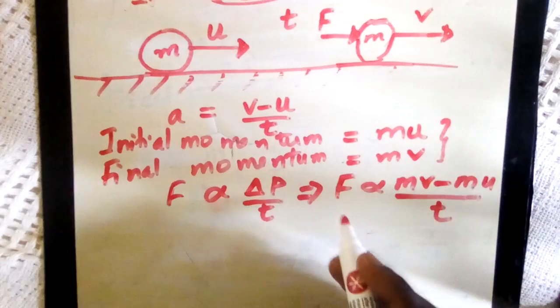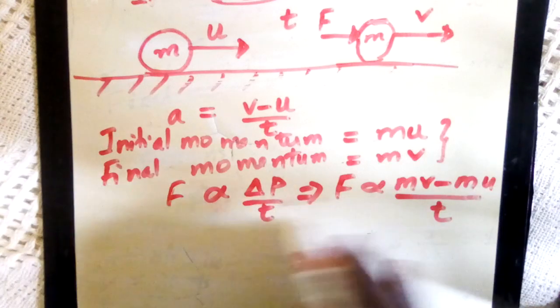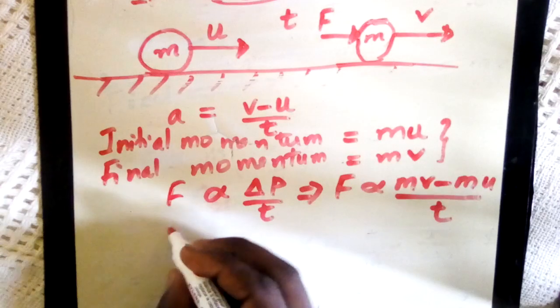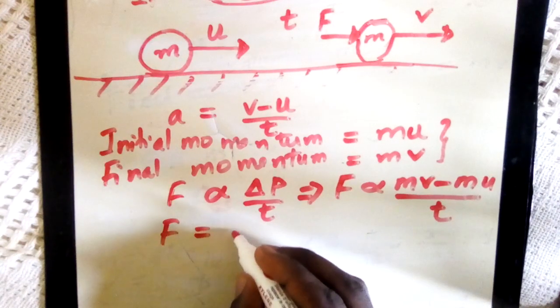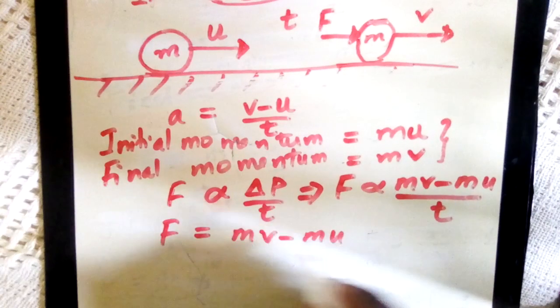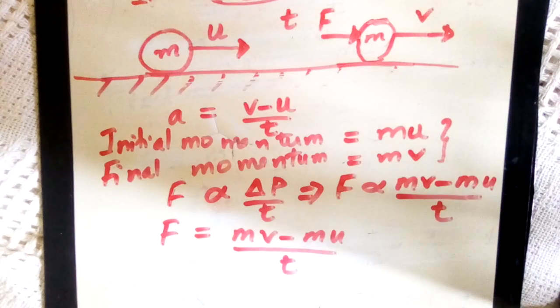In this case, let's set aside the concept of proportionality, though I'm going to show you how it is removed. I'm going to assume that the force is basically the final momentum minus the initial momentum over time. Great.